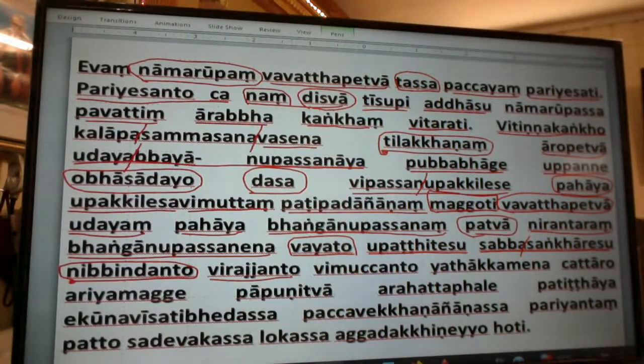How could you make attachment to the nāmarūpa? Here the meaning is that we reach nibbidā, no attachment in nāmarūpa, mentality and materiality. So the level of wisdom increases little by little, step by step, like this.